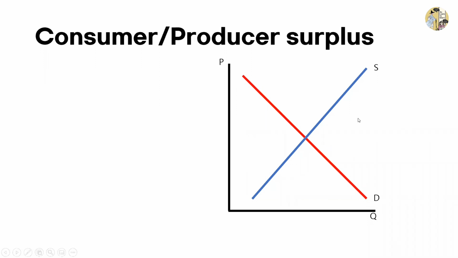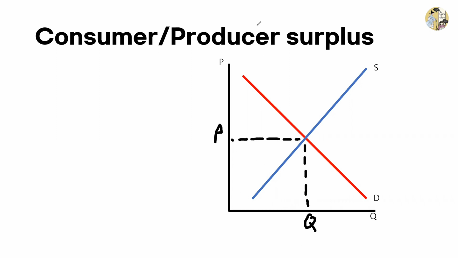The first one is consumer surplus, which is basically the surplus the consumers receive. Too obvious. And this is the equilibrium price, this is the equilibrium quantity, and in this case, how much will the consumer surplus be?